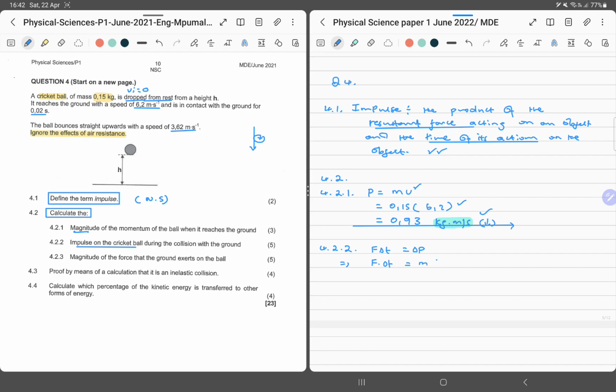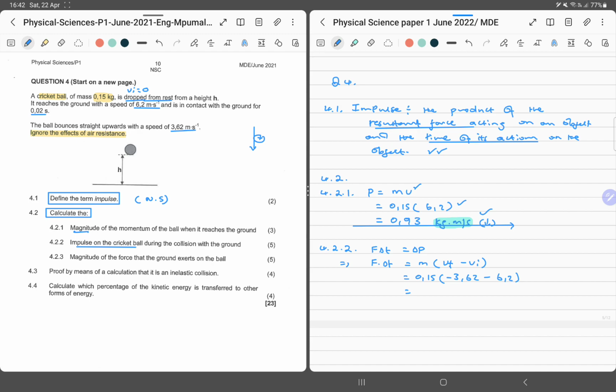It is the mass into the final velocity minus the initial velocity, which is equal to the mass, 0.15, into the final velocity, which is 3.62 but directed upwards, so it's going to be minus 3.62, minus the initial velocity, which is 6.2.